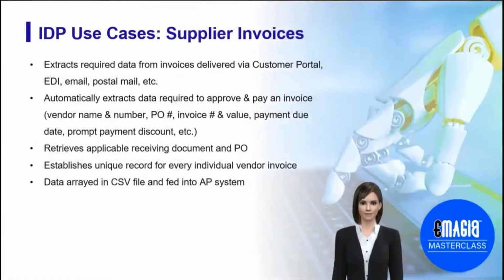Okay, so that's deductions. Let's look on the other side of the shop, so to speak. Accounts payable, supplier invoices. Supplier invoices come in, again, various ways: soft copy, some hard copy, via a customer portal that you visit, EDI, email, postal mail, and IDP extracts the data required to approve the invoice for payment and to pay it.